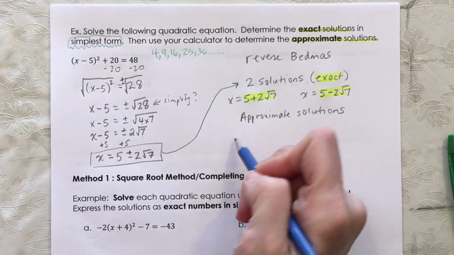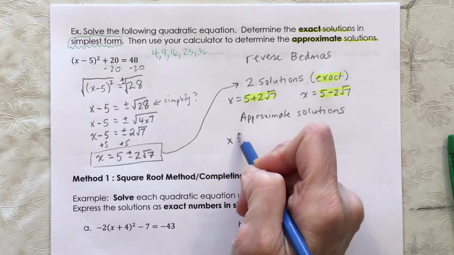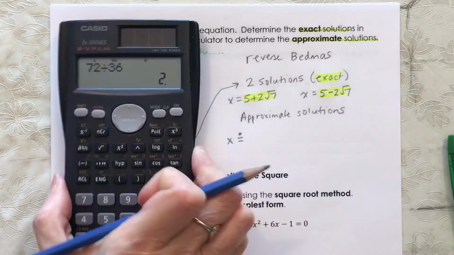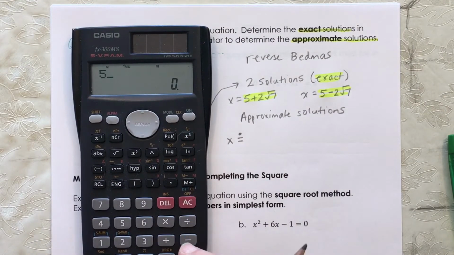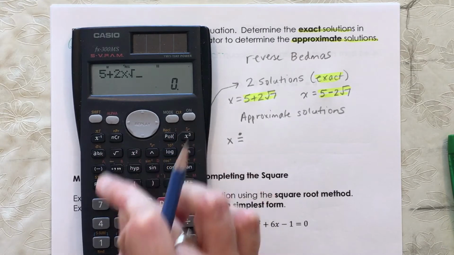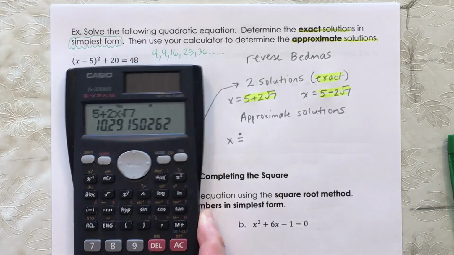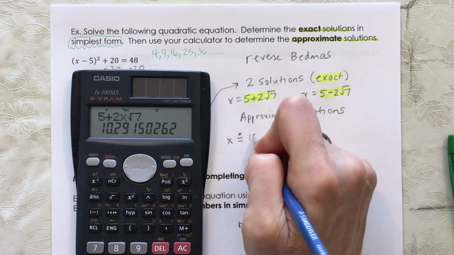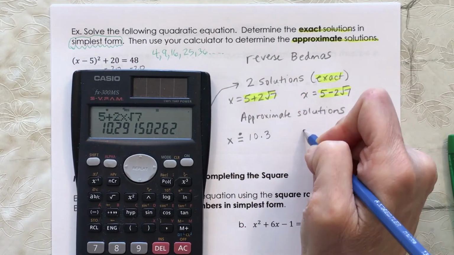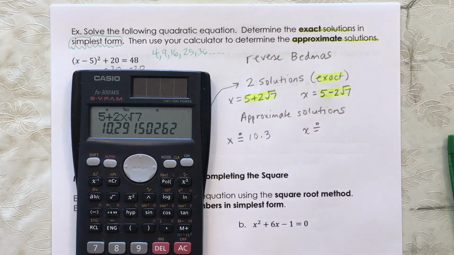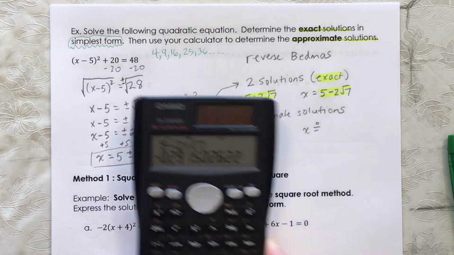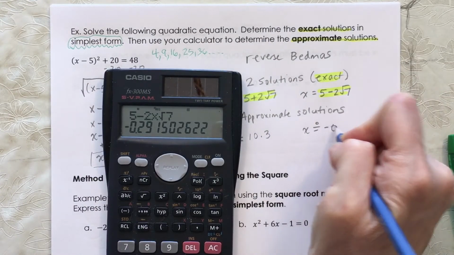So if you wanted approximate solutions, first of all, you'd put x is approximately equal to, and then you're going to type into your calculator 5 plus 2 times the square root of 7, and you get approximately 10.3 if you round. And then for this one, we want to do clear calculator, 5 minus 2 times the square root of 7 equals, and that's going to give you approximately negative 0.3.